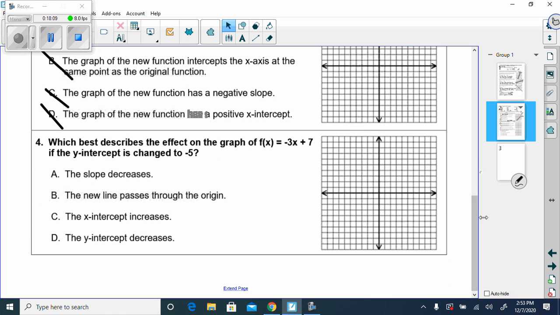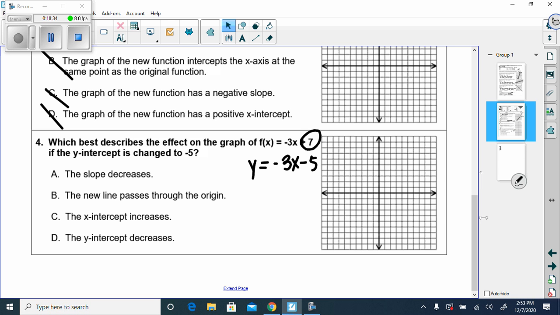Okay, last one. Says which best describes the effect on the graph f of x equals -3x plus 7 if the y-intercept is changed to -5. So this time, we're changing that number, right? So my new equation keeps the slope the same, we just change out the y-intercept.